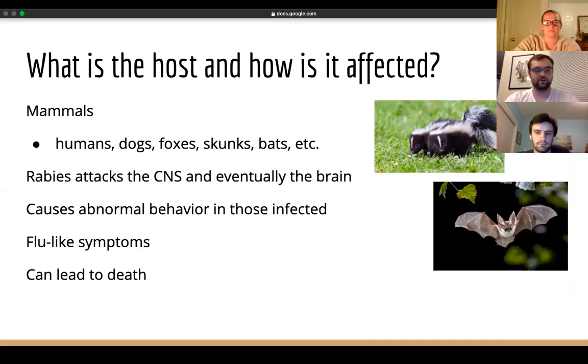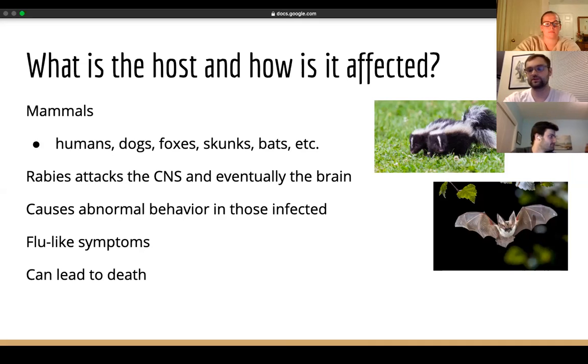So there are various hosts for rabies. The primary hosts include mammals. There's a variety of mammals, but commonly they will be found in dogs, foxes, skunks, and then these animals can eventually pass rabies on to humans. So once bitten, or once the saliva is affecting the animal or human system, the rabies will attack the central nervous system.